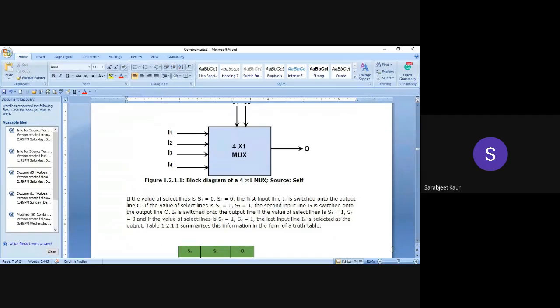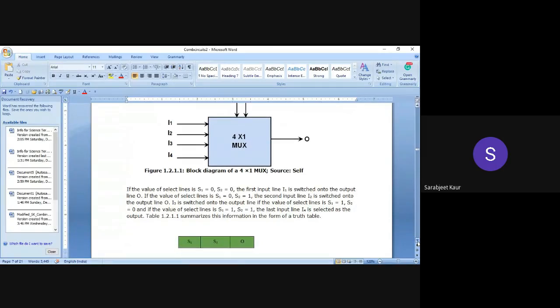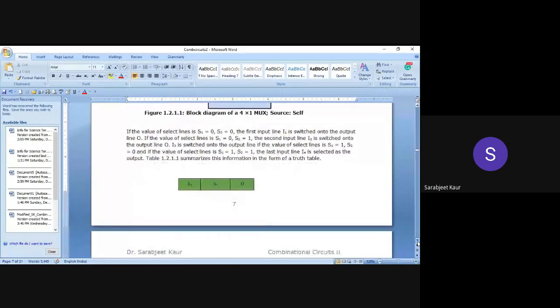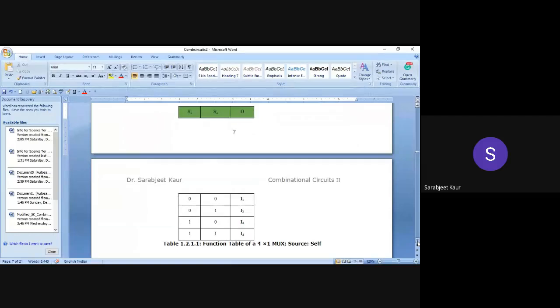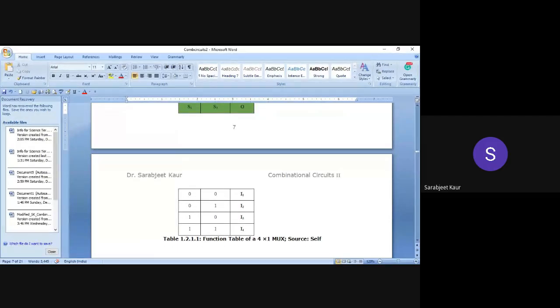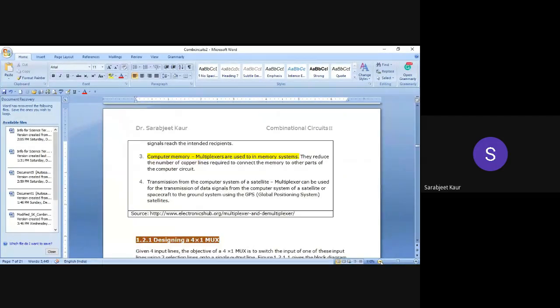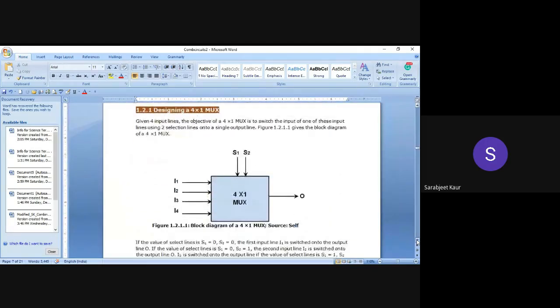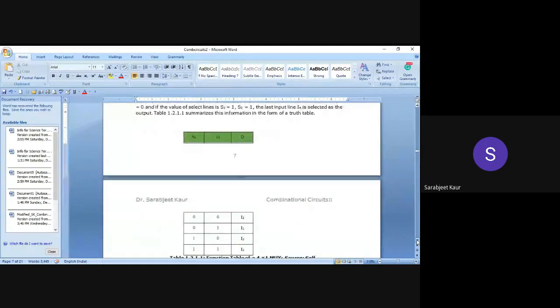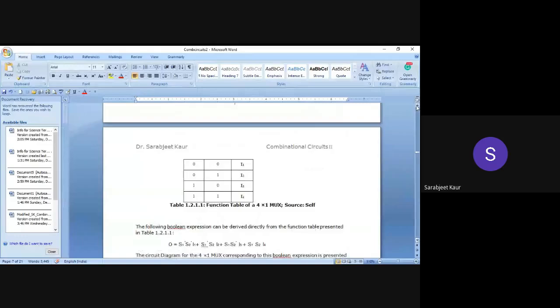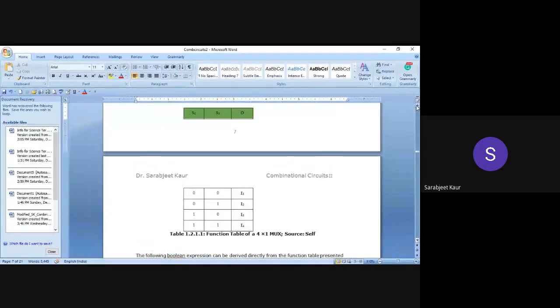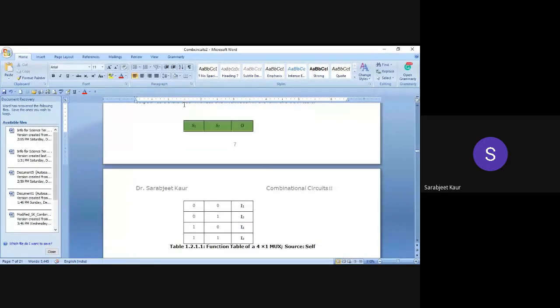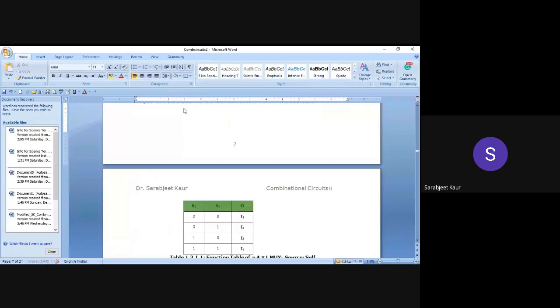Now please see, when we talk about multiplexers, we don't talk about truth tables, but instead we use something called a function table to describe the functionality of a MUX.